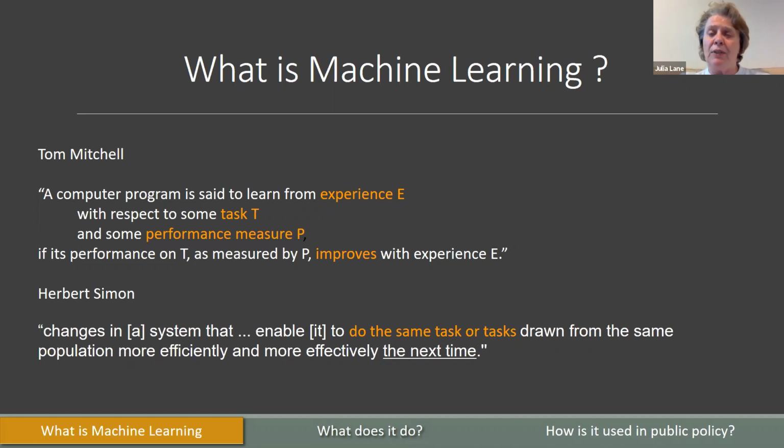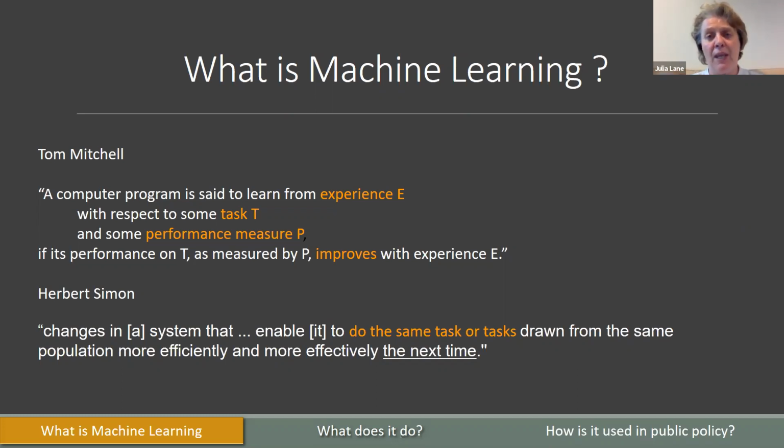It learns as you give it more information, as you increase the experience. Simon says it's an iterative learning process. You give it a task, you give it some information, you then give it additional information, and it keeps improving.